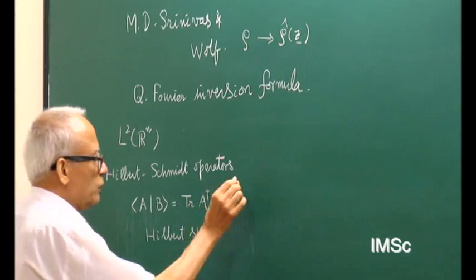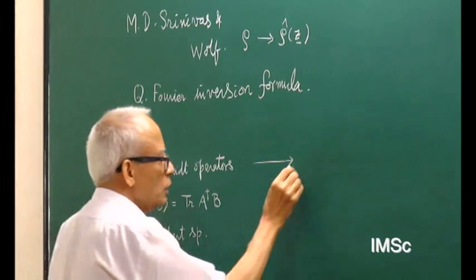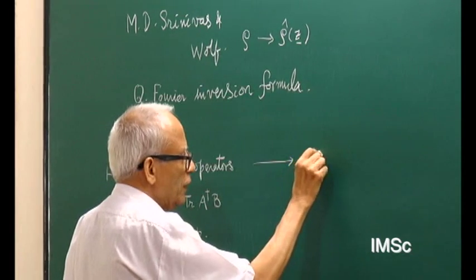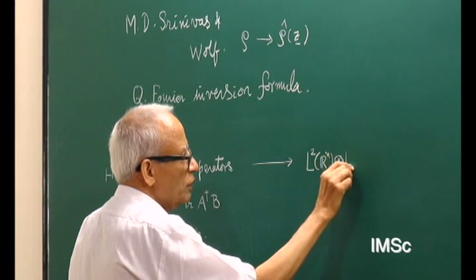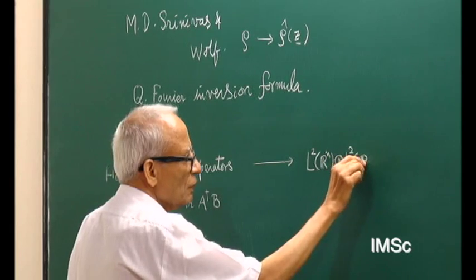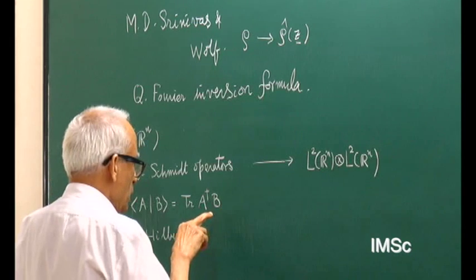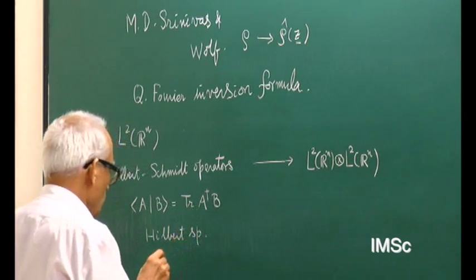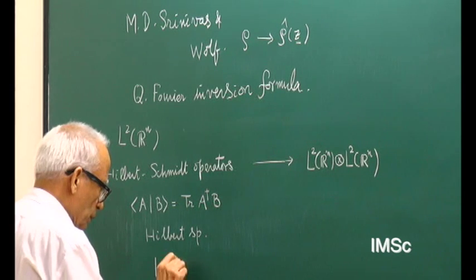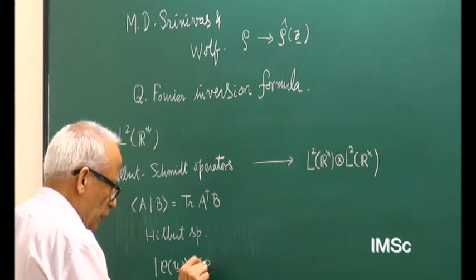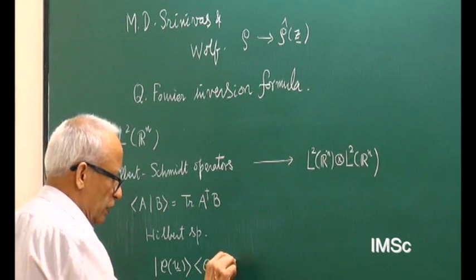And this Hilbert space can also be identified with L2 of R^n tensor L2 of R^n as follows. You first look at all operators of the following form: |E_u><E_v|, but you conjugate the entries of v.